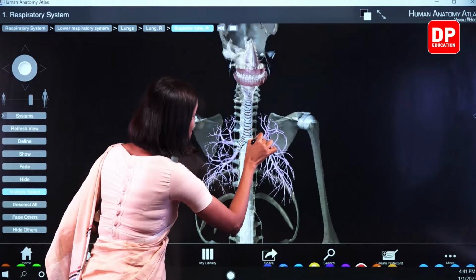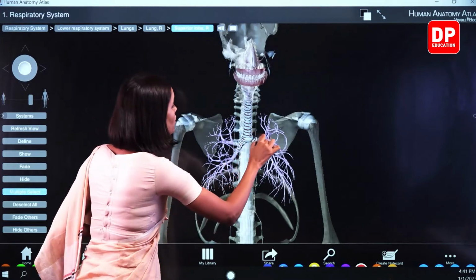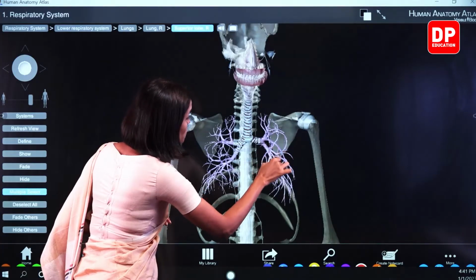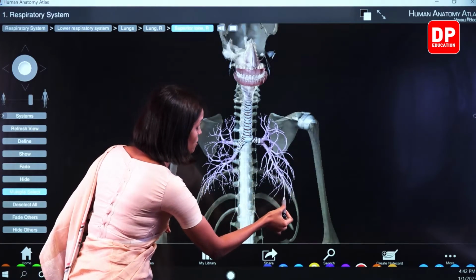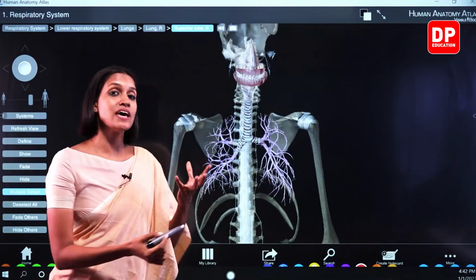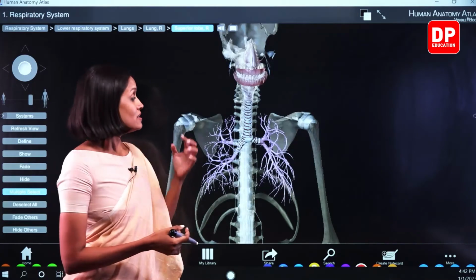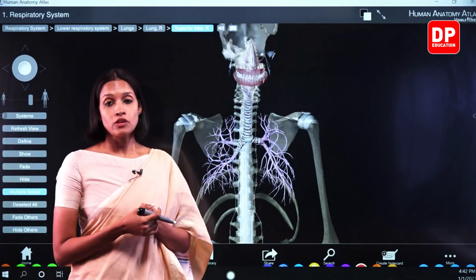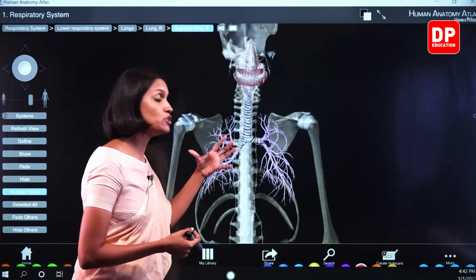So the bronchi divide into bronchioles, and the bronchioles keep on dividing into other small branches. Even though you can't see it here, at the end of a very tiny branch, a sac-like structure is present. That structure is known as an alveole. The plural form is alveoli.